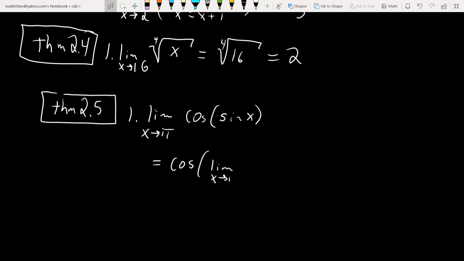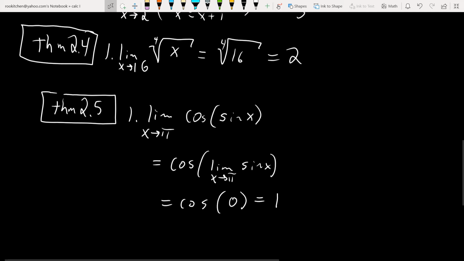So the limit of sine x as x goes to pi, I can evaluate that. That's just sine of pi, which is equal to 0. And then the cosine of 0 is equal to 1.